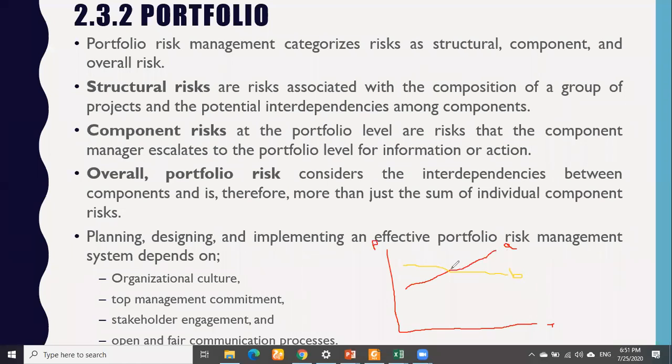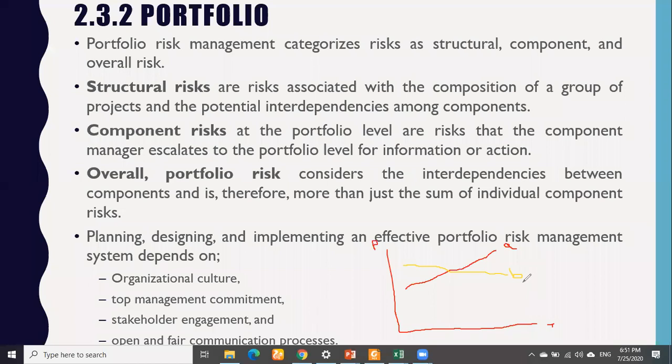So can you see there, is there any dependence between A and B? Yes. What is it, negative or positive? Negative. If one's performance is increased, the other project's performance decreases. Very good.